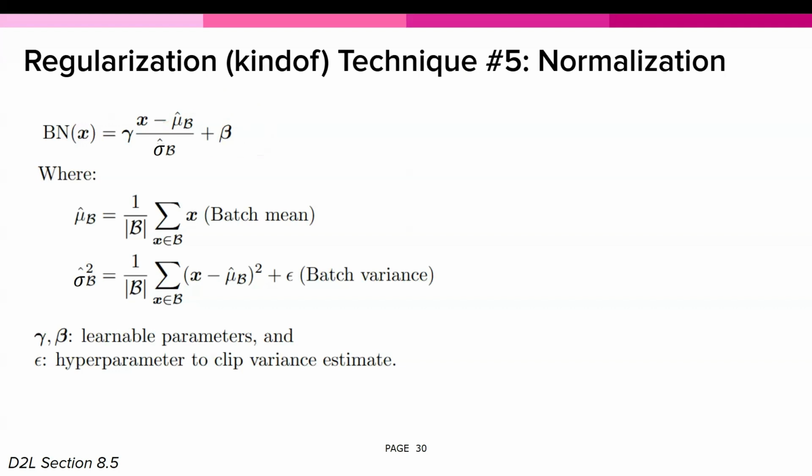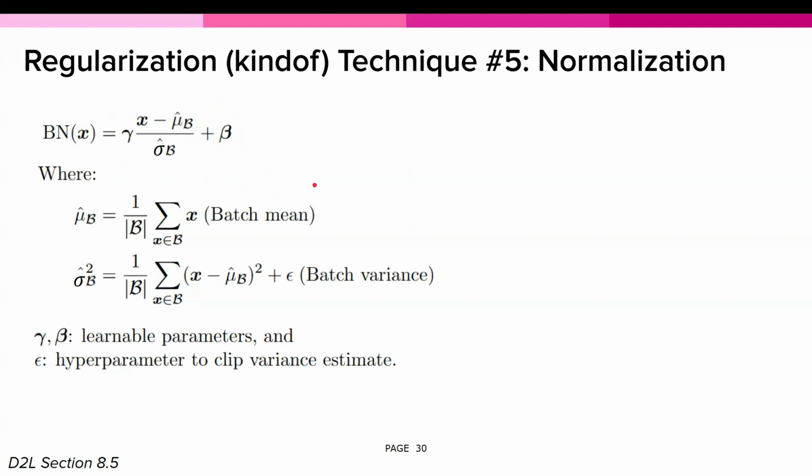And then during inference, instead of calculating the mean and variance for each mini batch, batch normalization uses the gamma and beta values to scale and shift the inputs accordingly.